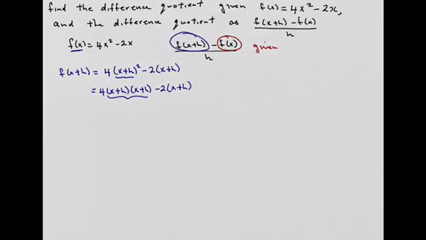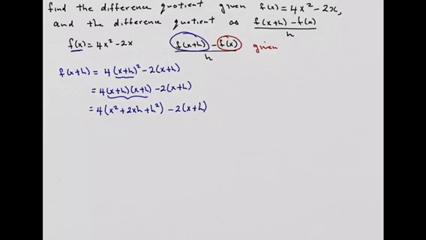And if we multiply out these two, we will have 4 times x squared plus 2xh plus h squared. And we will leave this as 2 parentheses x plus h.